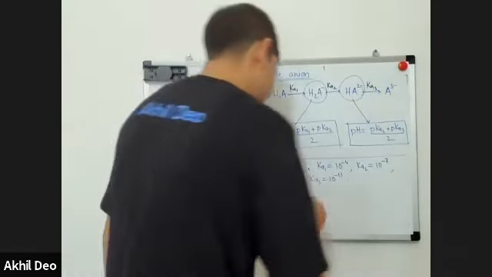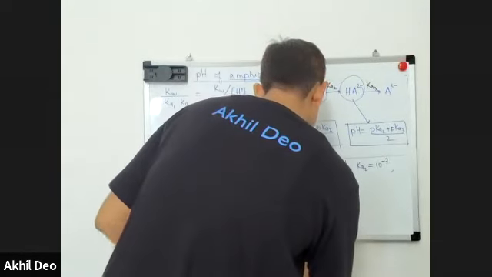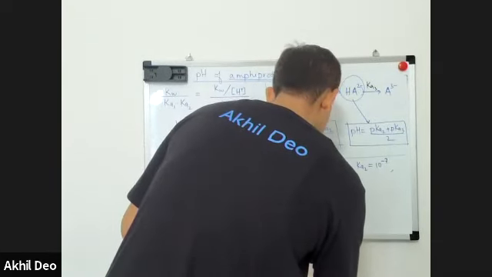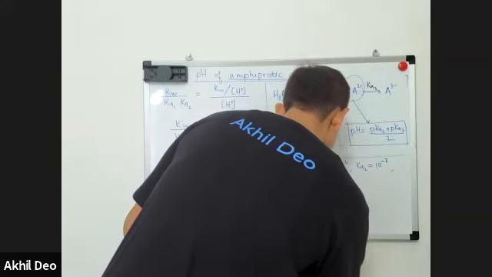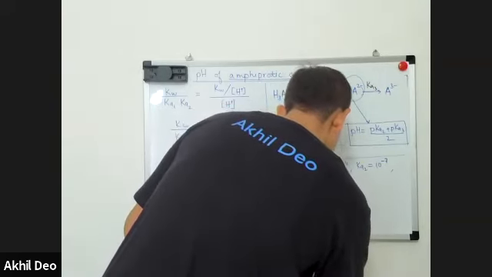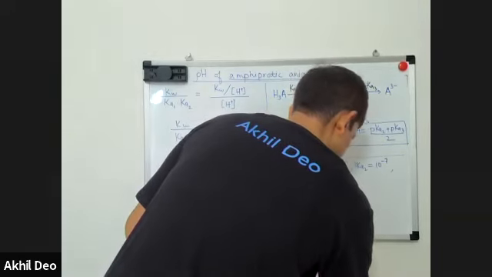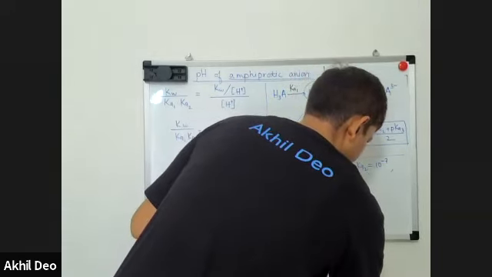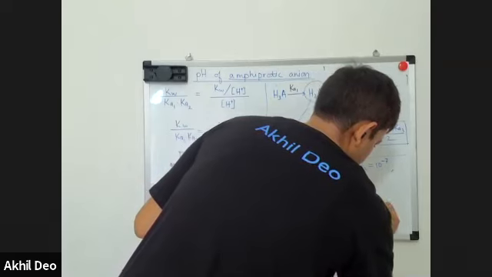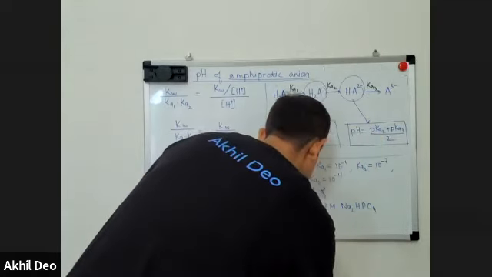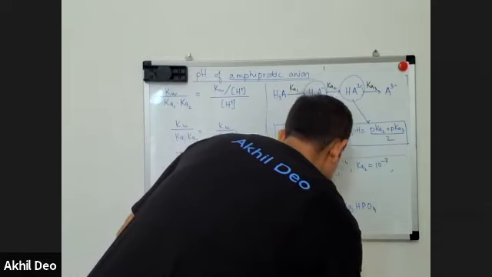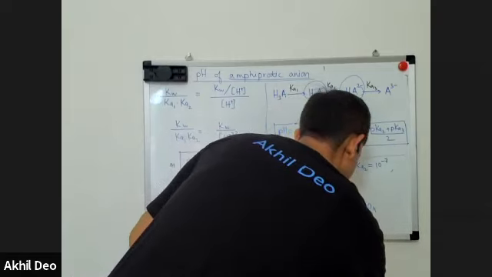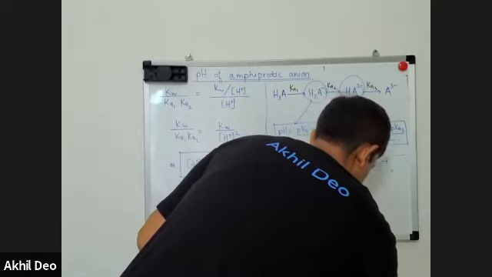What we have to find? We have to find pH of 0.047 molar Na2HPO4, and another question, 0.83 molar NaH2PO4.